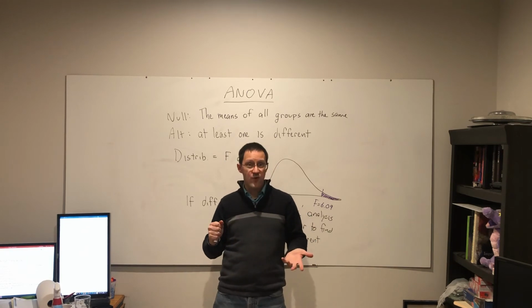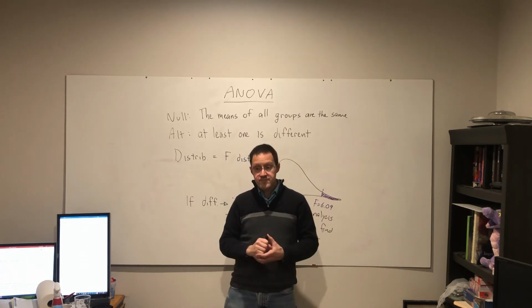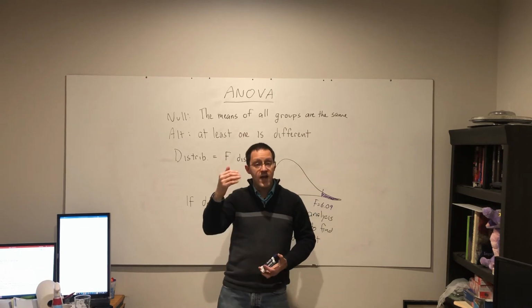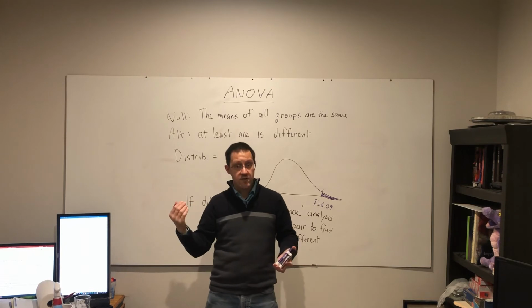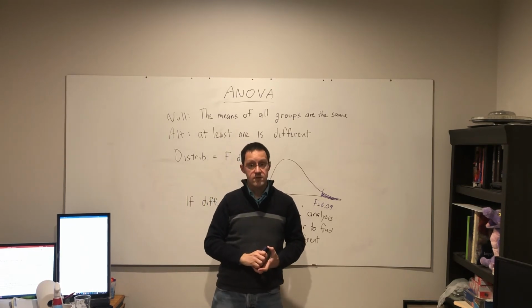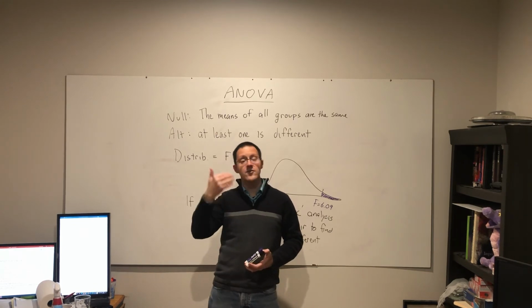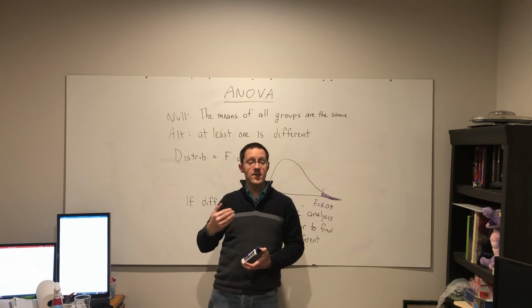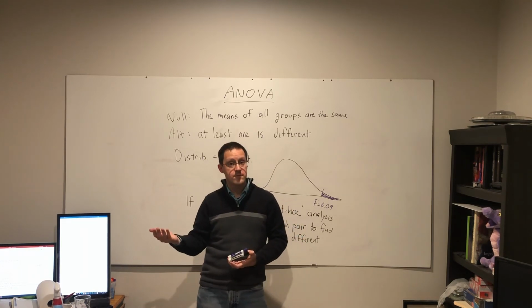We may have 4 or 5 different kinds of soil. Let's say there's 4. And we say, is there a difference in corn production between the soil types in this area? We find out, and it comes back and says, yes, there's a difference. Something is different. I don't know if it's soil type A, B, C, or D.